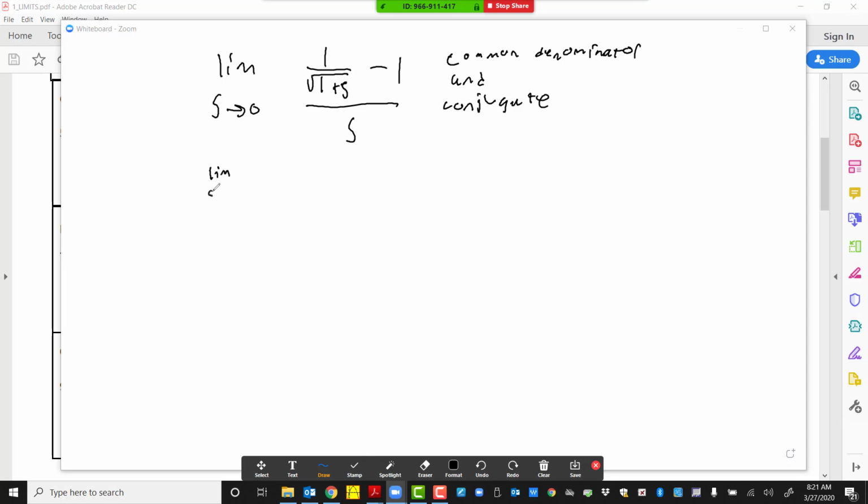So we have the limit as s approaches 0. First we'll do the common denominator, so 1 minus root 1 plus s over s times root 1 plus s. Then we'll multiply by the conjugate.